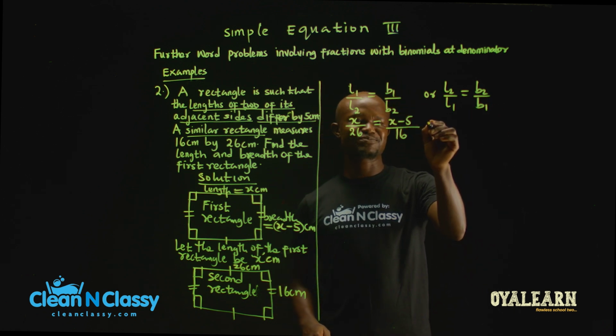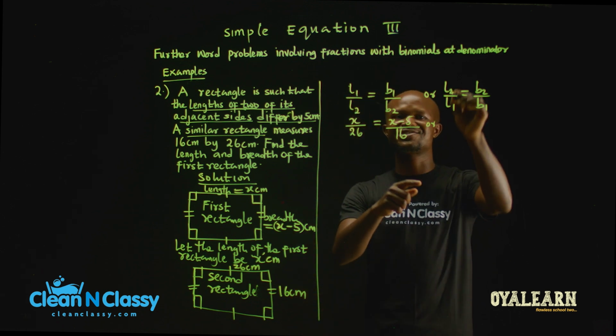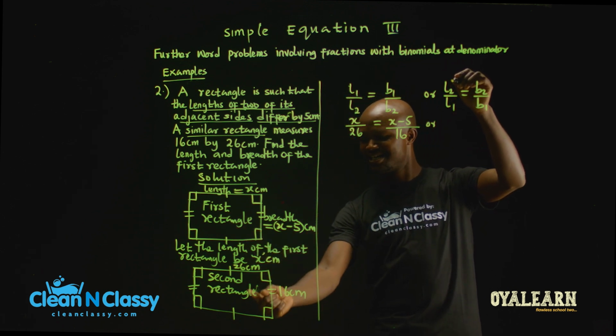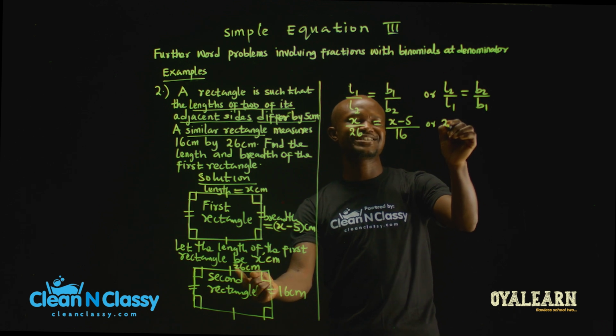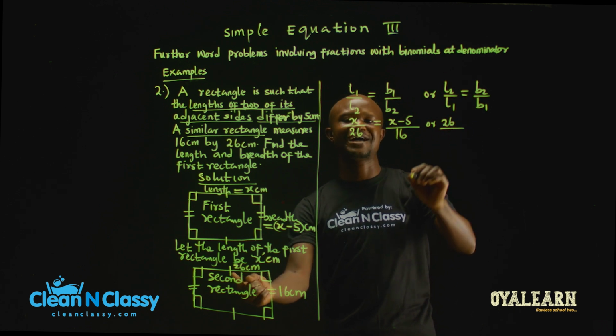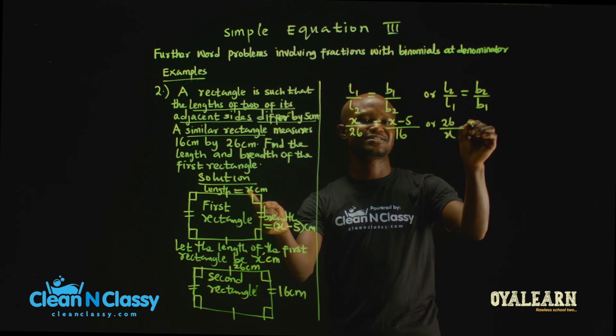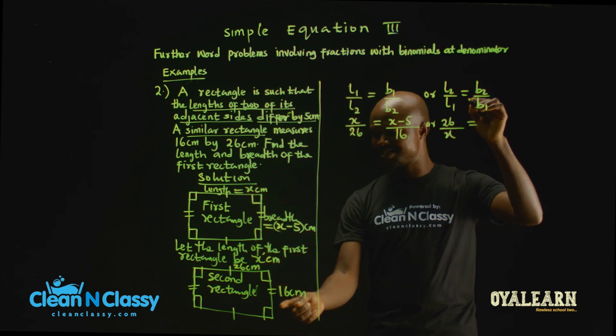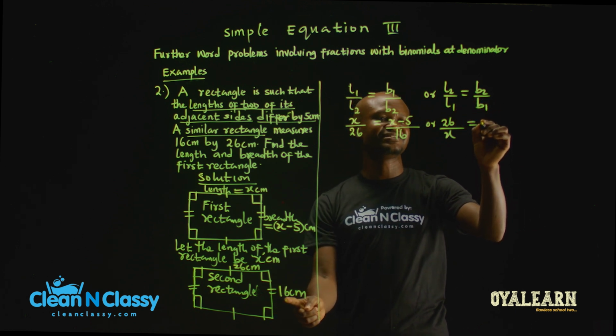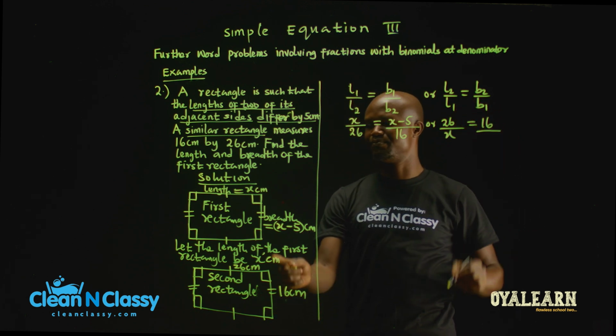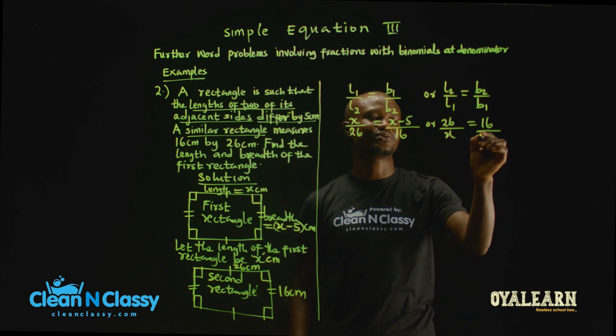That is 26 divided by x equals 16 divided by x minus 5.